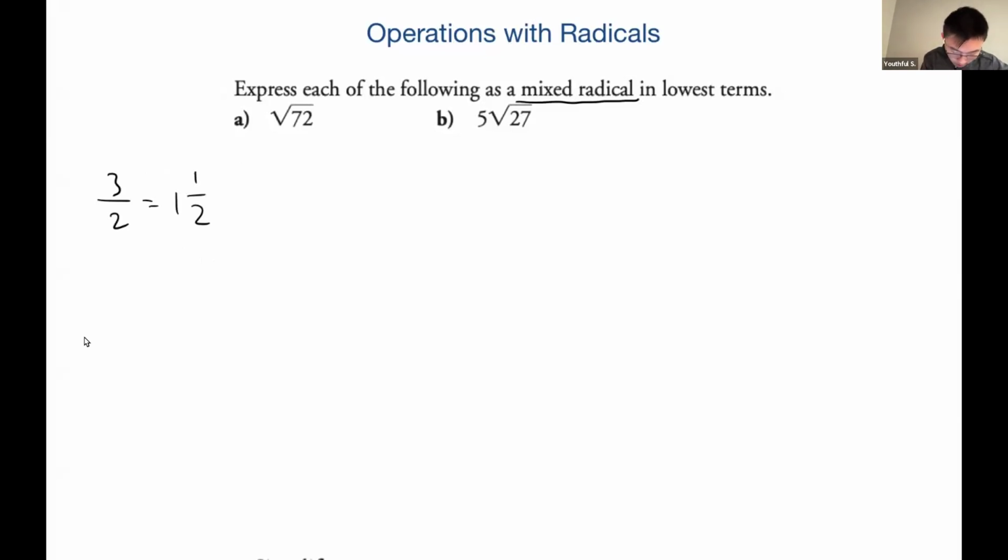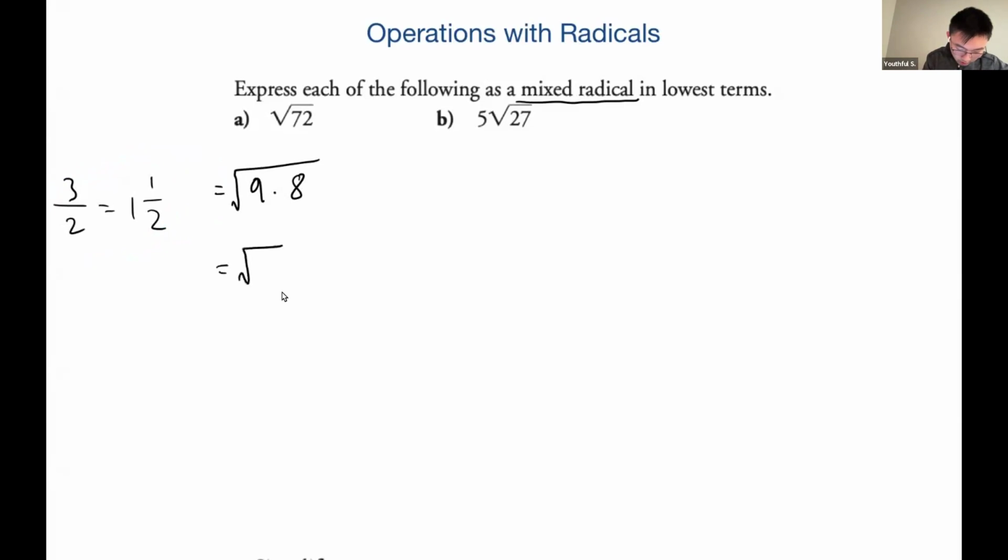So part A, we have the square root of 72. We can say that this is equal to the square root of 9 times 8. A rule you can use is that you can separate it as the square root of 9 times the square root of 8.